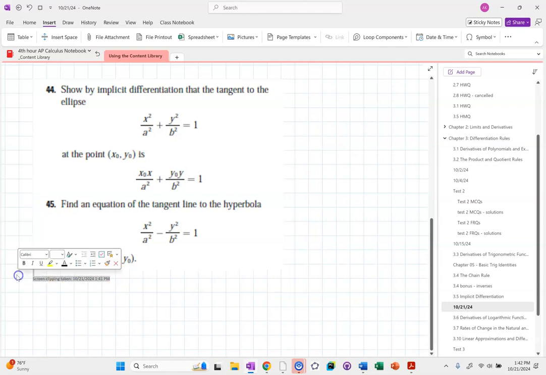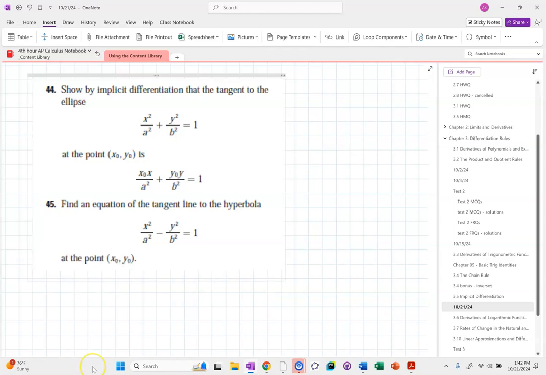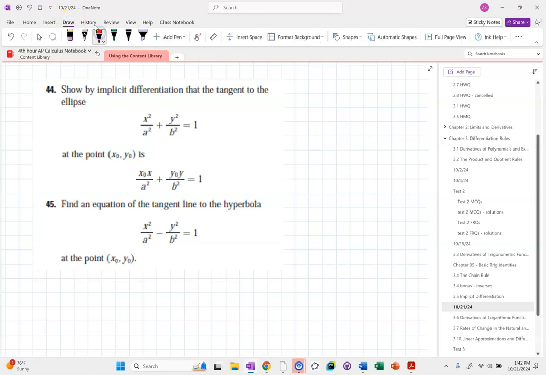So the scariest problem starts, show that, right? It says show by implicit differentiation that the tangent line to the ellipse, at the point, is the following.